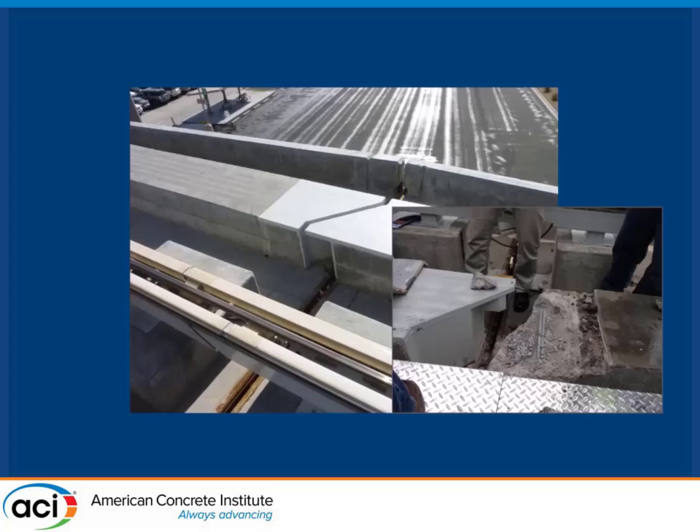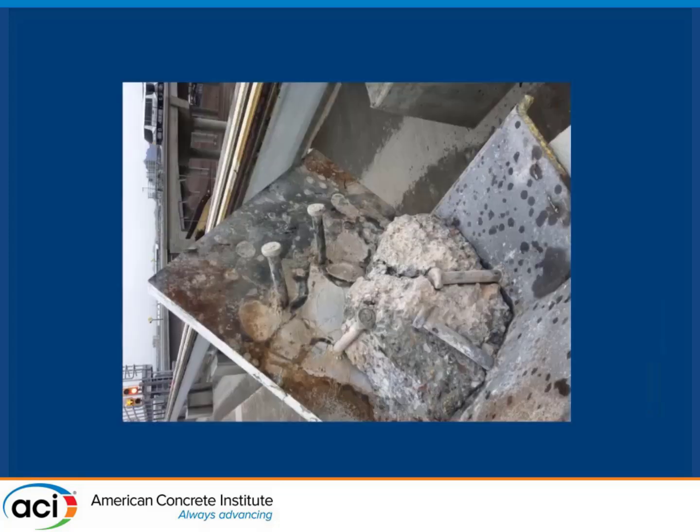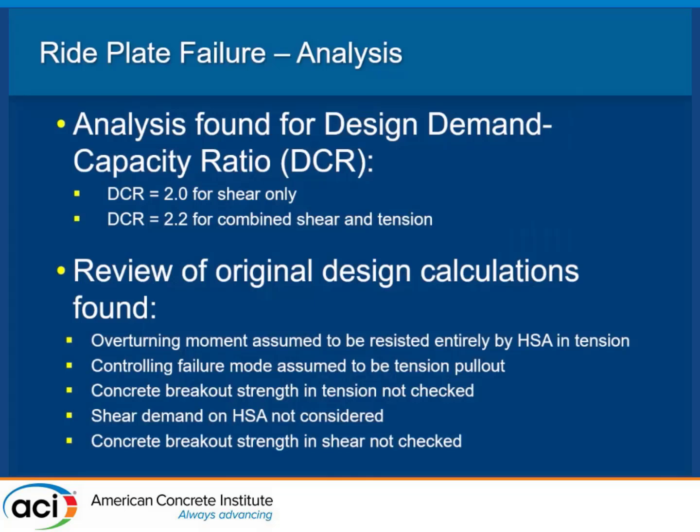So they're like, okay, what happened here? Massive. Like I said, just a couple of uses, one went, and then within 5 days, 20 more went. It was a grossly under-designed situation. What they found out is they didn't design for shear at all.